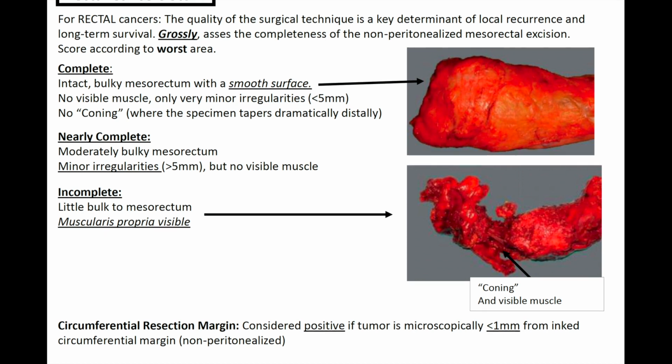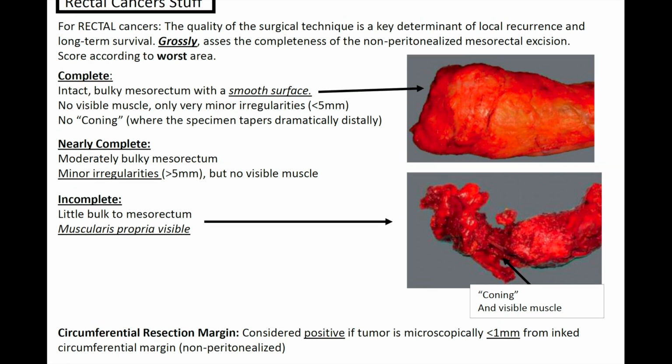And then lastly, we just have this section called rectal cancers stuff. For rectal cancers, the quality of the surgical technique is a key determinant of local recurrence and long-term survival. Grossly, you want to assess the completeness of the non-peritonealized mesorectal excision and score according to the worst area.